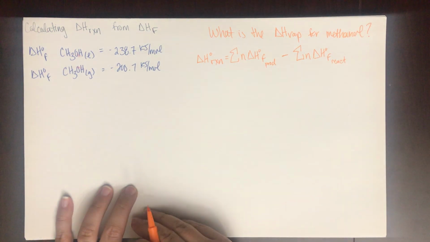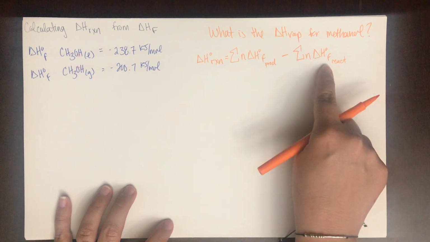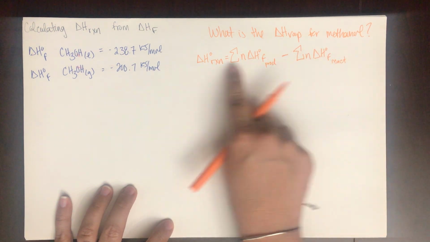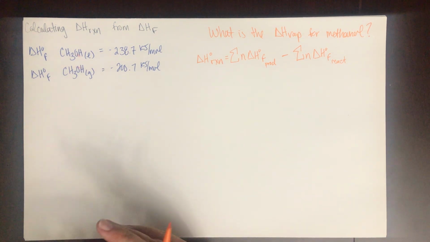It's products minus reactants. So the enthalpy of formation of the products minus the enthalpy of formation of the reactants is going to give you just the enthalpy change for the overall reaction.